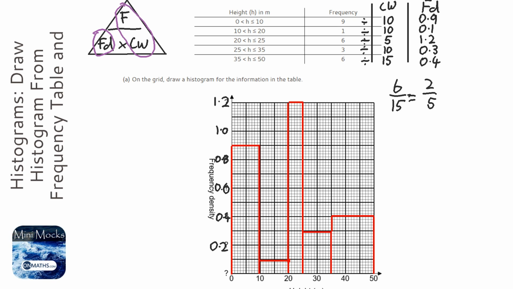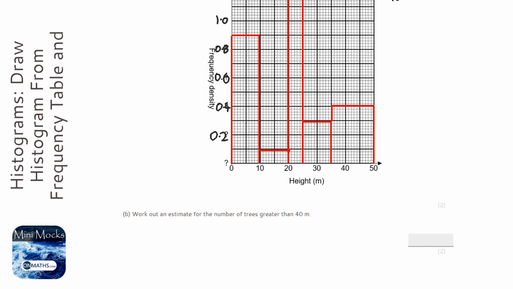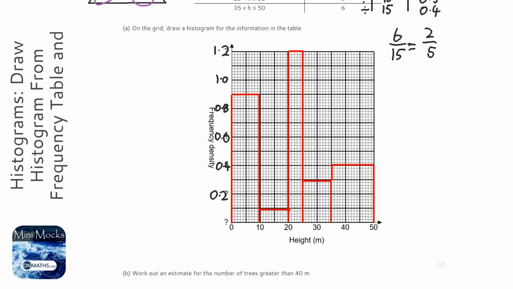Excellent. Okay, so the next question says work out an estimate for the number of trees greater than 40 meters. So I want to draw a line up from 40 and we want it to go across here. So we're looking for an estimate for the amount that are in here.